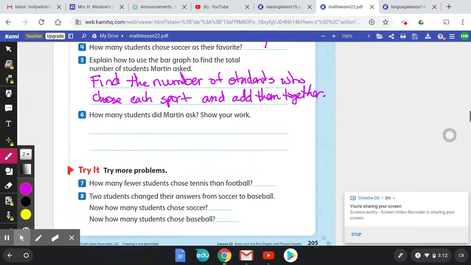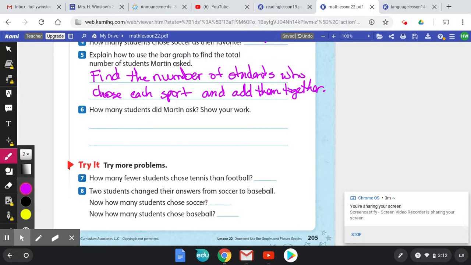Good. And how many students did Martin ask? Well, if we go back to how I had labeled it before, we had 7 plus 4 plus 3 plus 6. And if you add that together, you should get 20. Remember, I would look at making those tens. Look at those. 7 and 3, 4 and 6, 10 and 10 is 20.